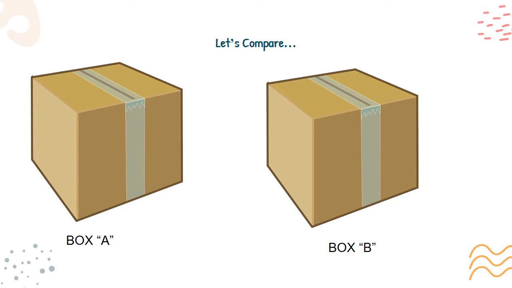So we can say that box A is as big as box B. Or in another sentence, we can say also box B is as big as box A. So box A and box B are the same.